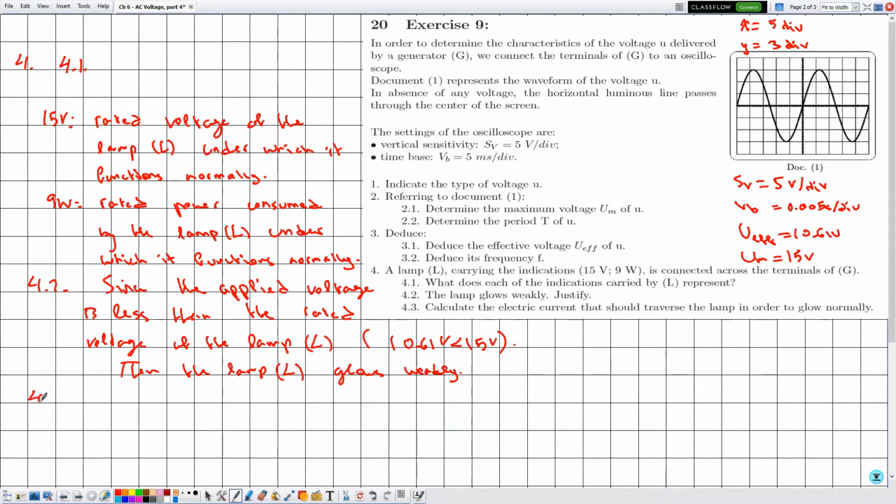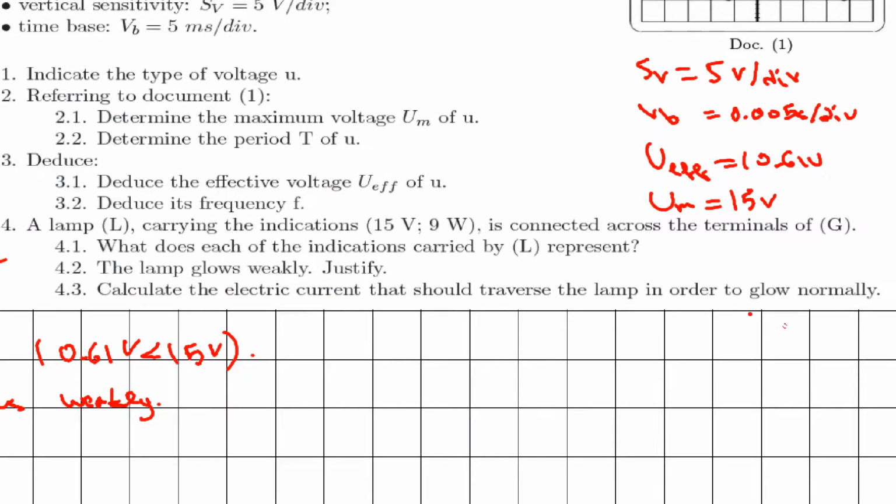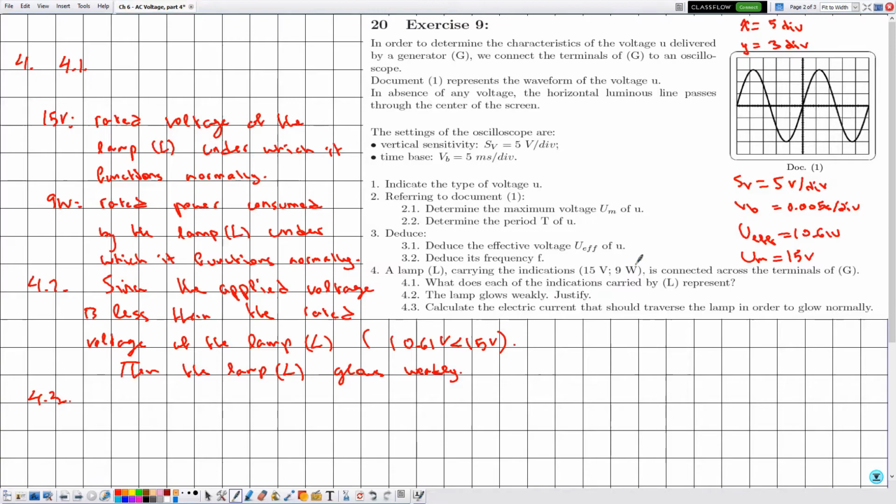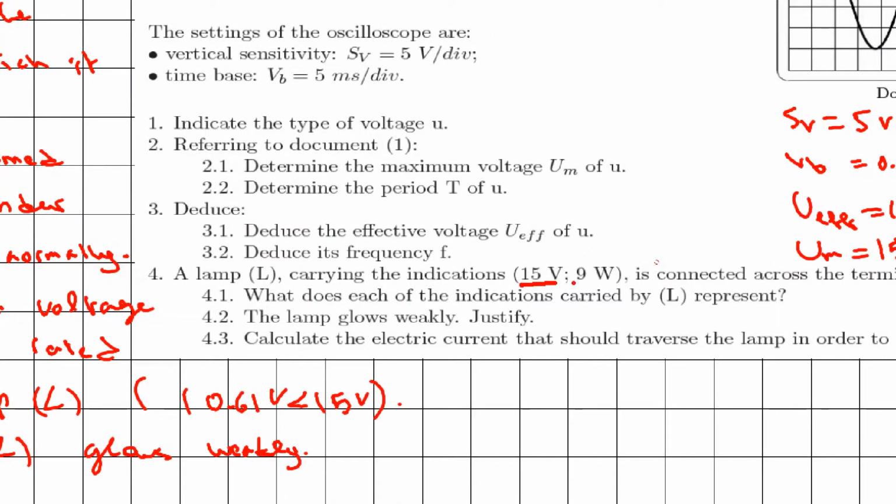Now in 4.3 they are telling me to calculate the electric current that should traverse the lamp in order to glow normally. And by glow normally it means that the applied voltage and the power consumed are equal to the rated values. So the indications are given by voltage and power.